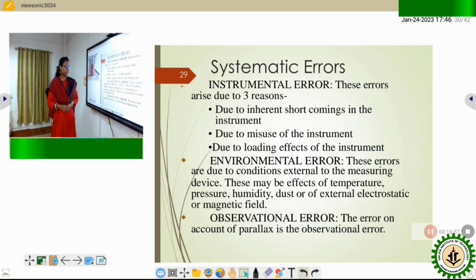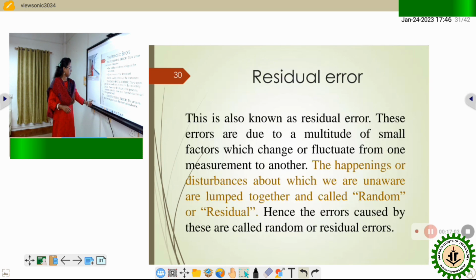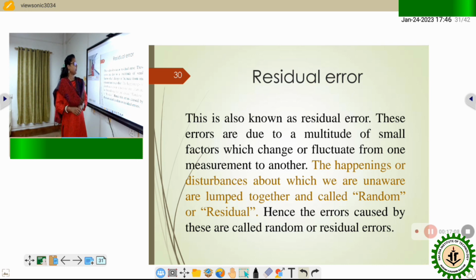Observational error: the error on account of parallax is known as the observational error. Residual error: the residual errors are due to a multitude of small factors which change or fluctuate from one measurement to another.